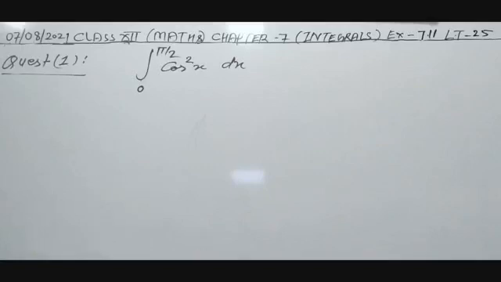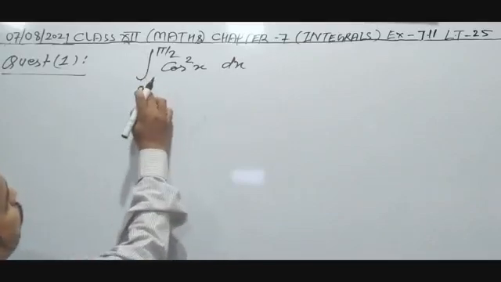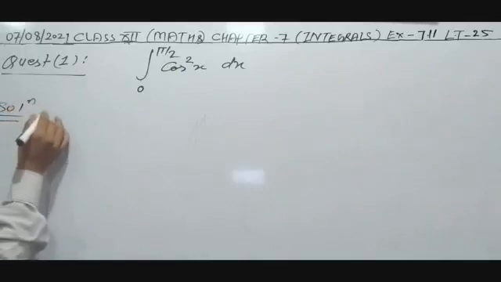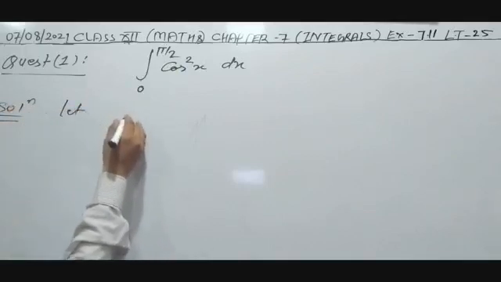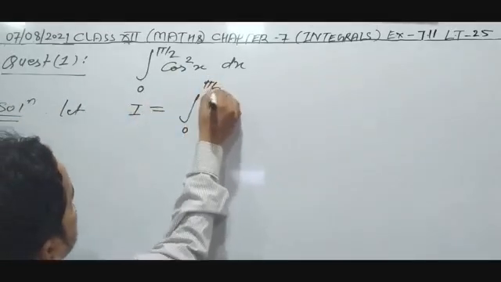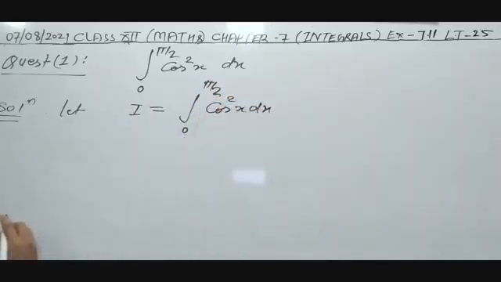Question number 1 is: integrate the function cos square x from limit 0 to pi by 2. So first of all we will consider the solution. Let I is equal to integration over 0 to pi by 2 cos square x dx.